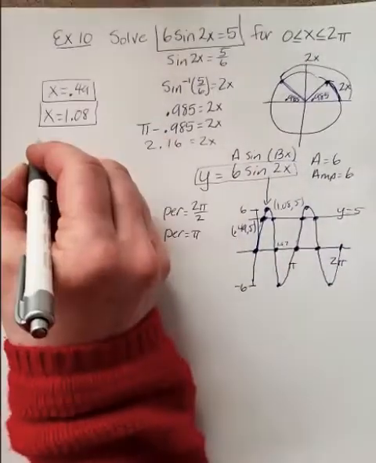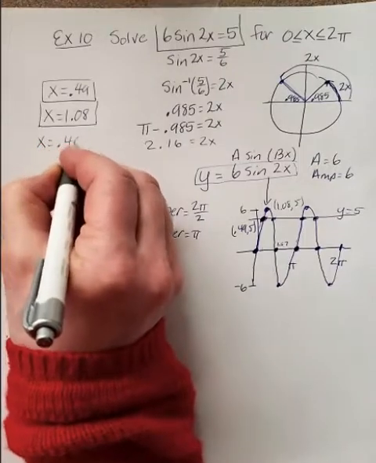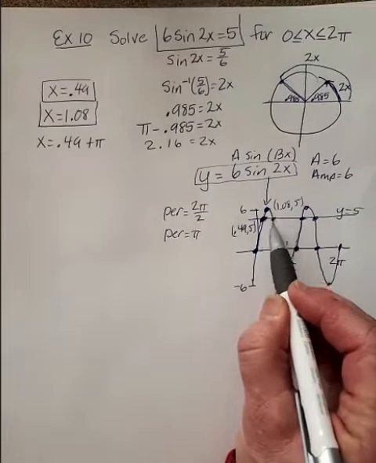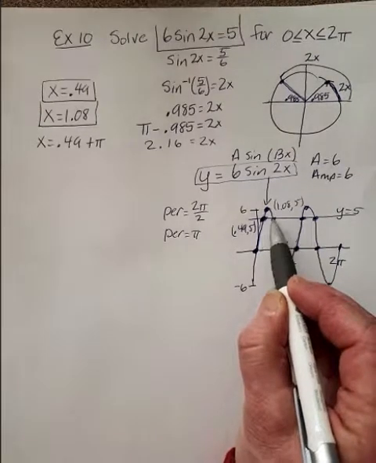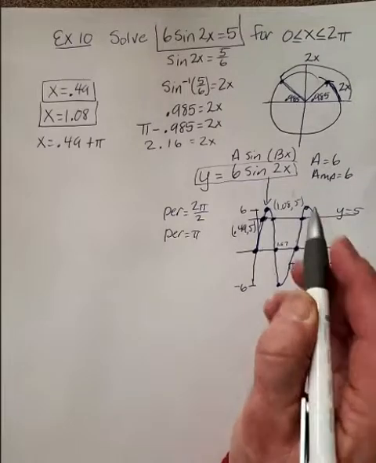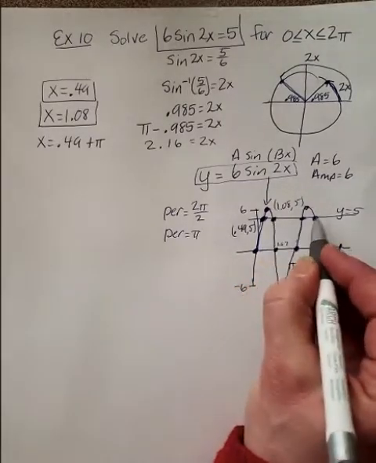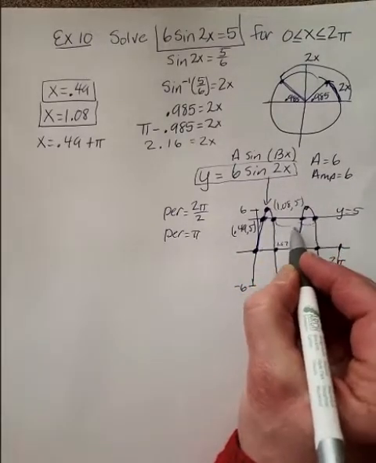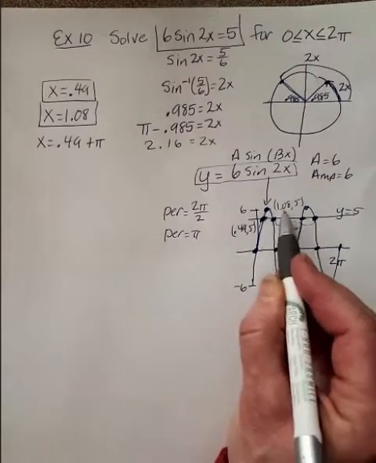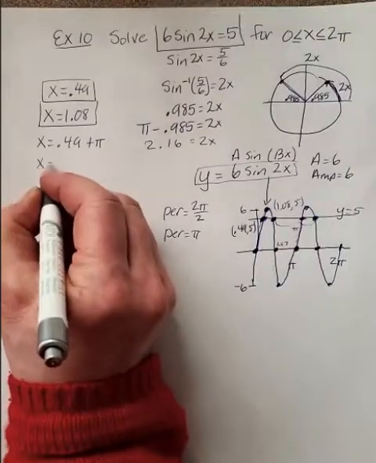So this third solution will be 0.49 plus pi. And the way down solution, the solution on the way down of this wave, this is another way down solution. On the way down, I get this intersection. From here to here is also a period of pi units. So I'm going to add pi to 1.08 to get the fourth solution.